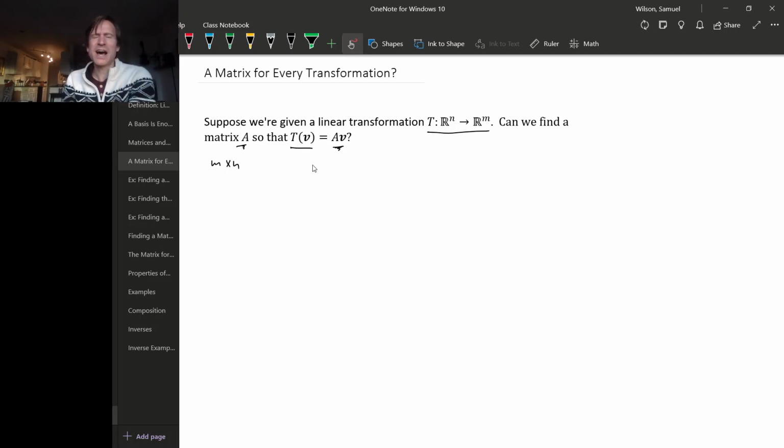Well, let's think about how that would work. We've seen that all we really need to know to define a linear transformation is what that transformation does to a basis. So maybe we should think about a nice basis for Rn. And the nicest basis for Rn is the so-called standard basis, which usually we call E1 through En.